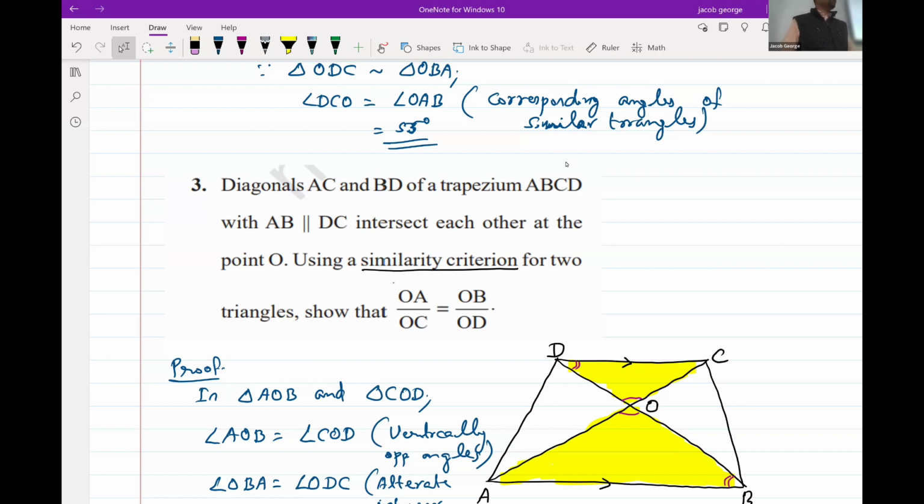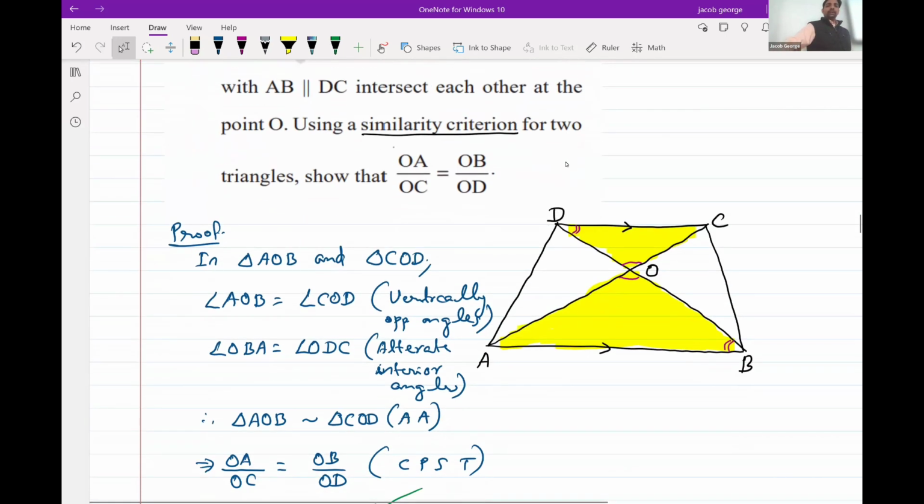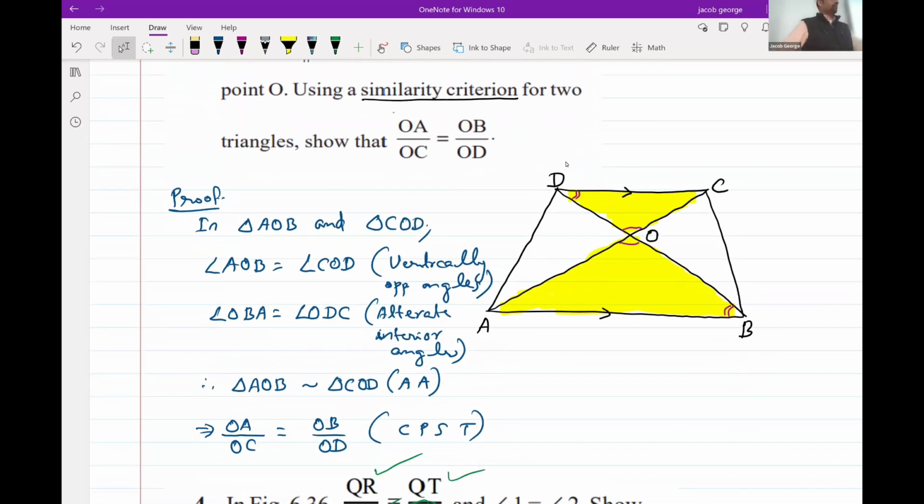Next, angle OBA is equal to angle CDO, alternate interior angles, which means we get two angles. If two angles are equal, by what similarity criteria? By AA similarity criteria, the triangles are similar. Clear? All of you understood? Yes. So triangle.